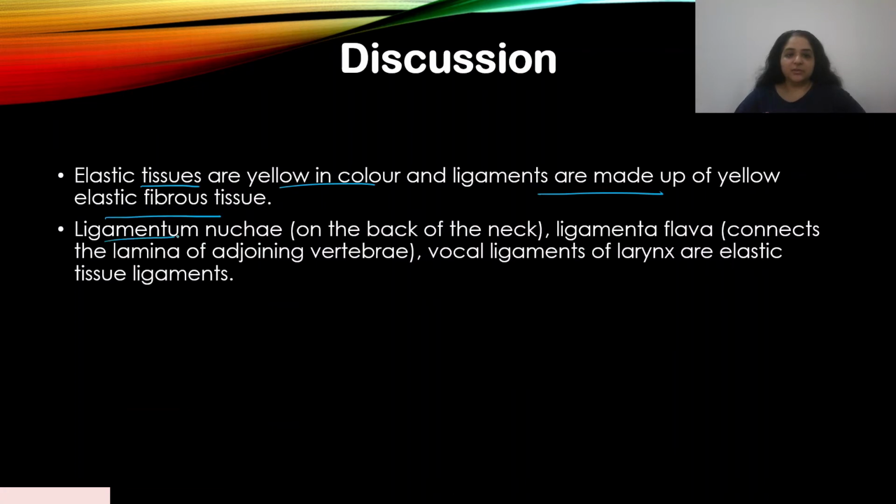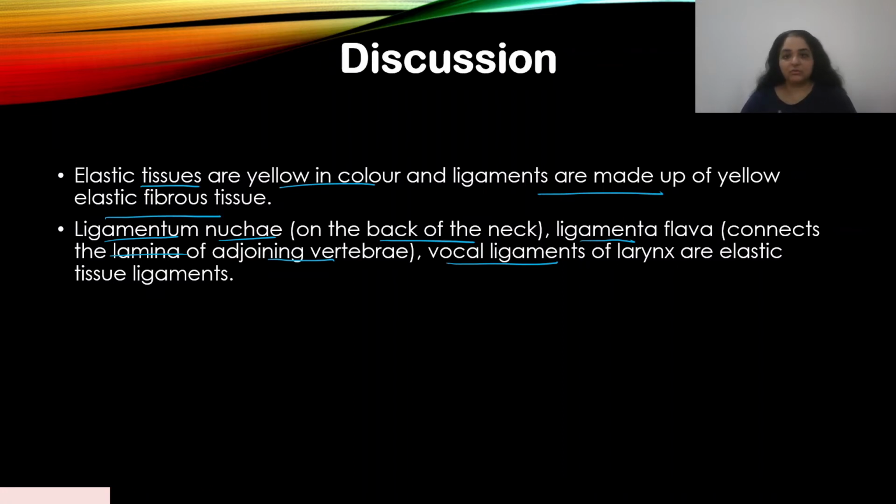For example, ligamentum nuchae on the back of the neck, ligamentum flava connects the lamina of adjoining vertebrae. Vocal ligaments of the larynx are elastic tissue ligaments. So that's why you can call them modified yellow elastic fibrous tissue. They're fibrous also, and they're elastic also.